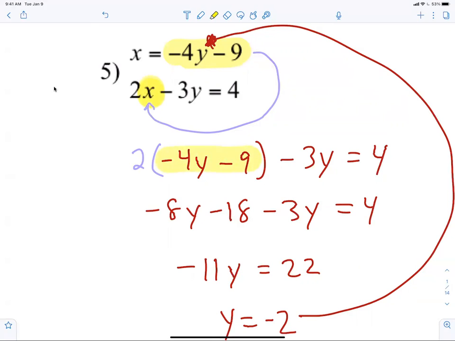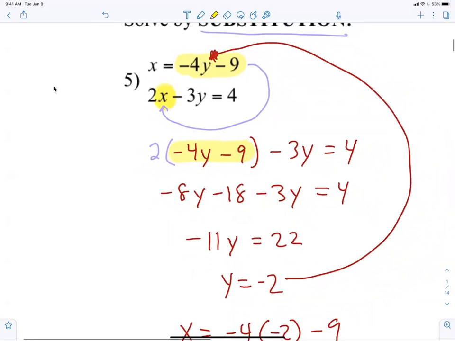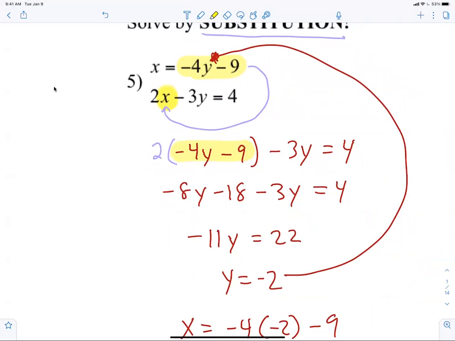But then why don't you plug the y equals -2 into the 2x minus 3y? Feel free to do that. Oh, so it doesn't matter? Did you get the same answer?